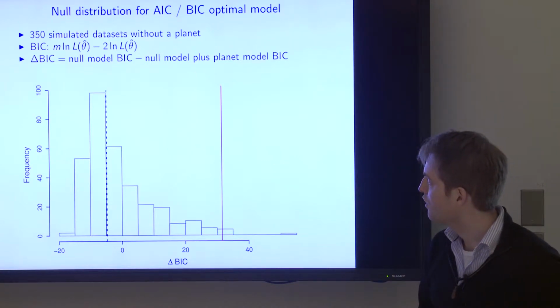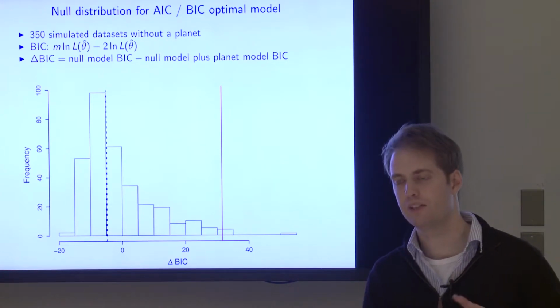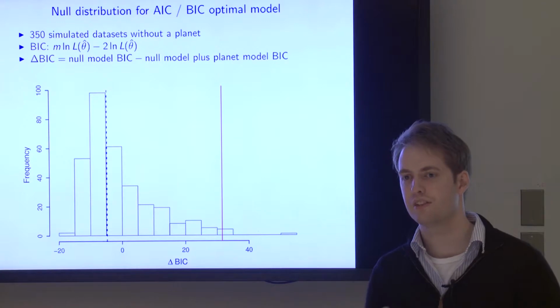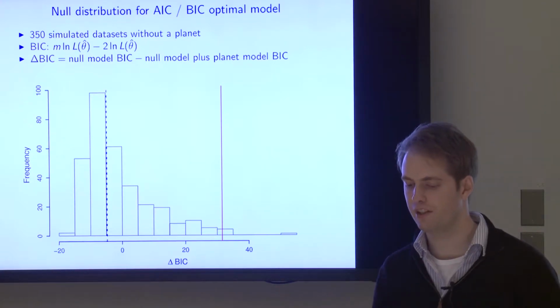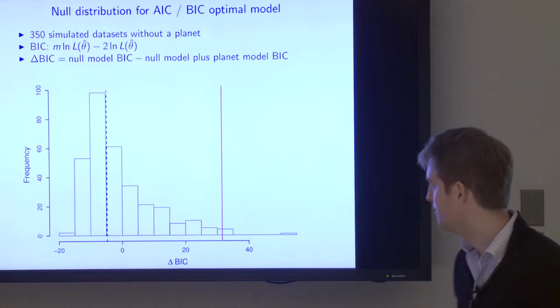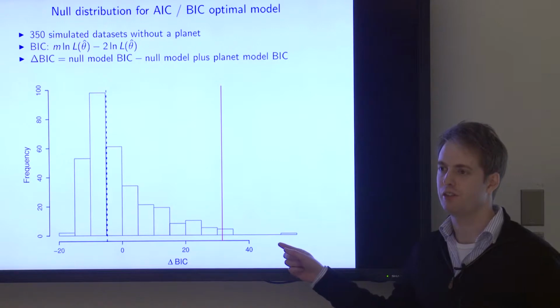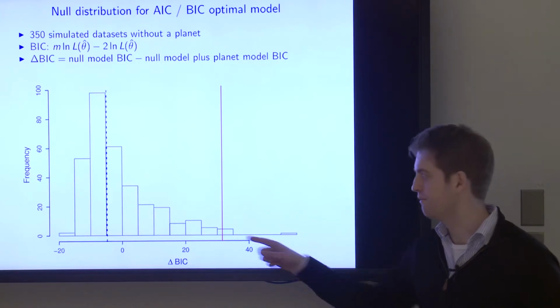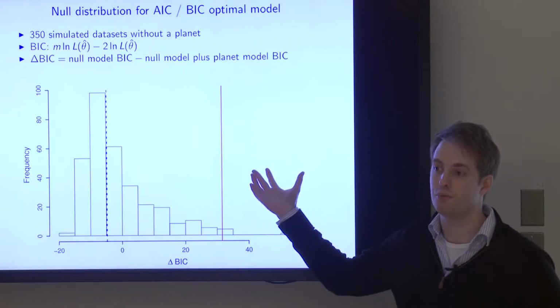So what this is doing is it's saying, suppose we have data sets without planets, and then we do this, then we find how much it's going to prefer the model with the planet. For larger delta BIC, it means greater preference for the model with the planet, okay? So this is the null distribution, the distribution of delta BIC under the null that there's no planet.